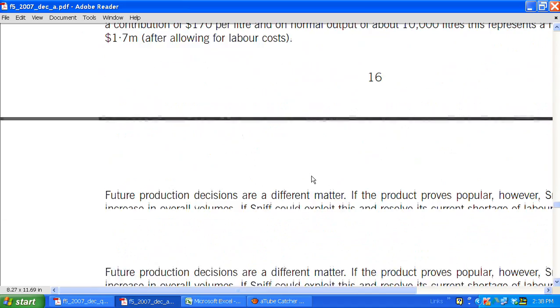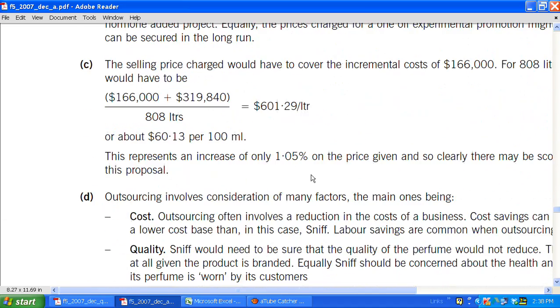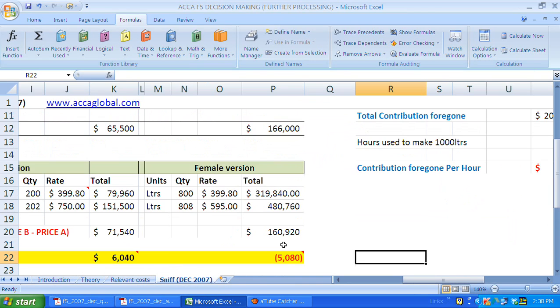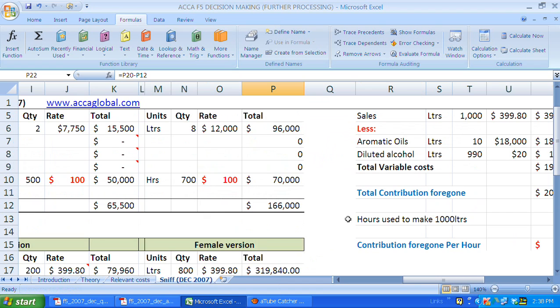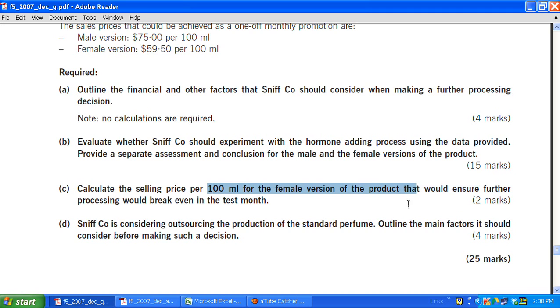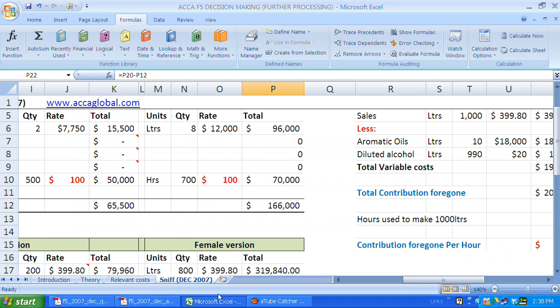Okay, then of course part C of the question, you remember we evaluated that the female version is not worthwhile producing. So in part C they're telling us what is the selling price per 100 ml for the female version that would ensure that we break even in the test month. Remember the additional costs are 166,000.